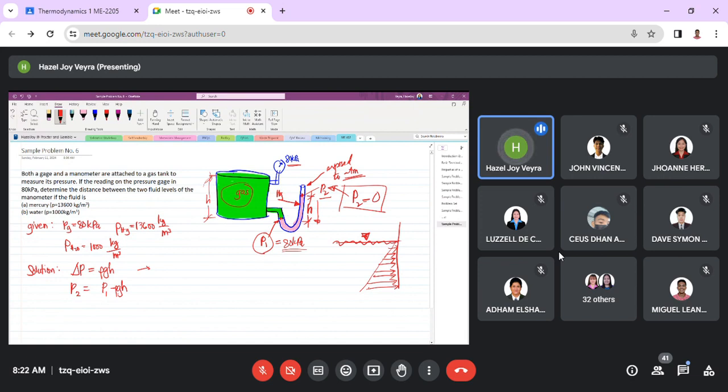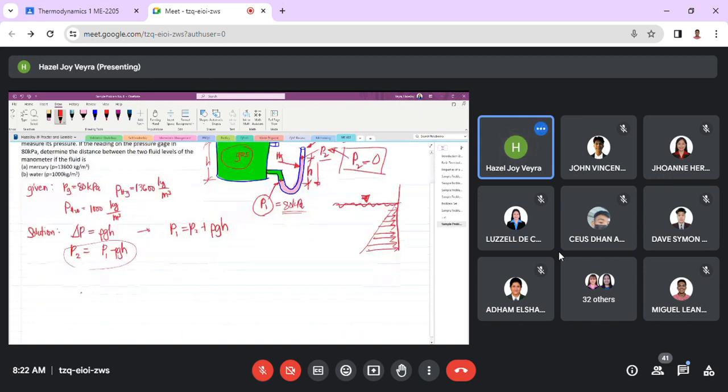P1 is lower in height or elevation. So your P1 is equal to P2 plus rho GH. Okay? Kaya doon galing yung formula. Na-explain ko lang baka malito biglang may sumulpot na ganitong formula.